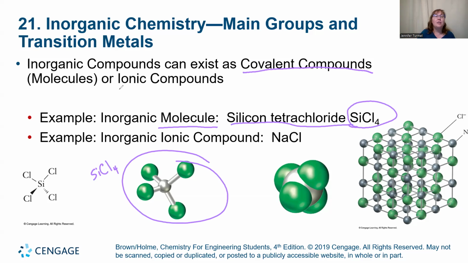Now, the other option here is ionic compounds, and those are not molecules. Okay, let me go ahead and put molecules back in that purple. All right, so ionic compounds are not molecules. Remember, so here we have this sodium chloride, and you've got an example of it right here. They form that lattice structure. So the difference between molecules and ionic compounds is a big one.